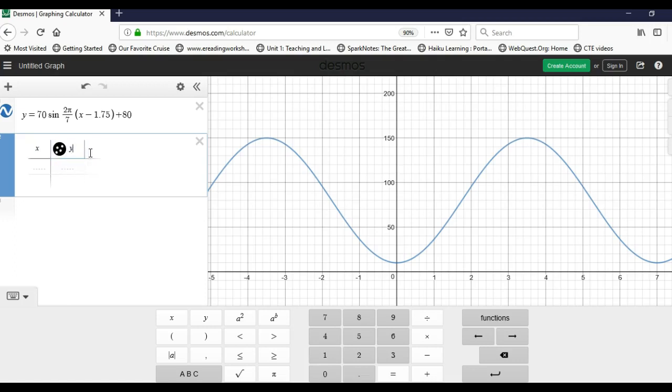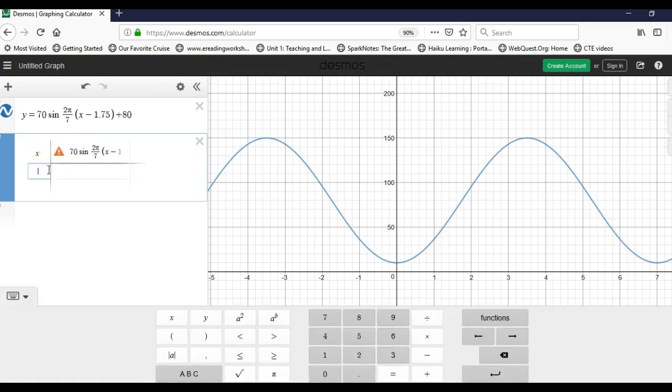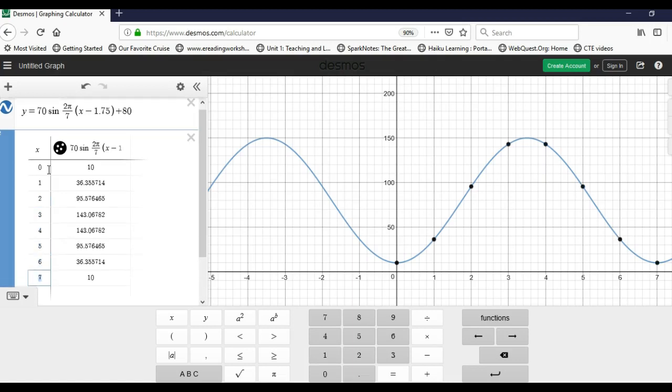Instead of writing Y, I'm going to erase that, and I'm going to type in this instead. And I'm going to go ahead and put in some values. As you can see, it's giving us a symbol. It's like empty lists are not allowed. So let's fill in some lists. Let's do 0, 1, 2, 3, 4, 5, 6, 7.